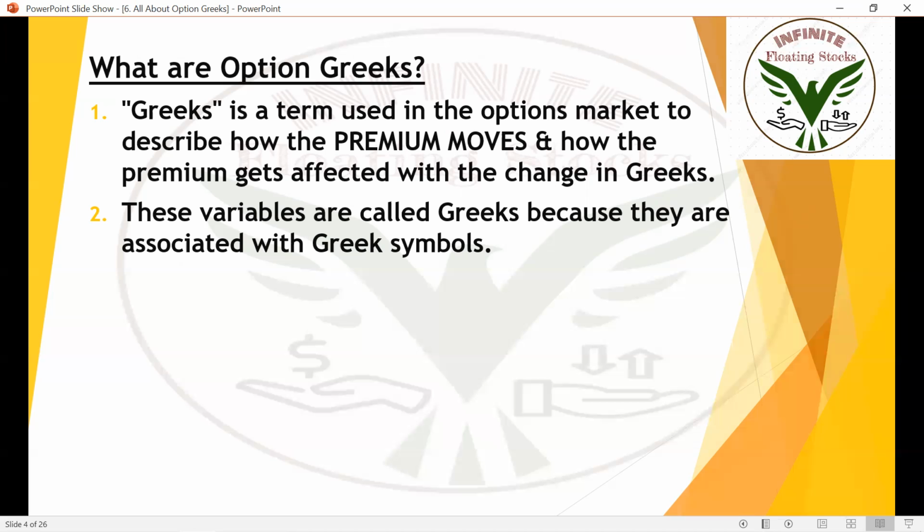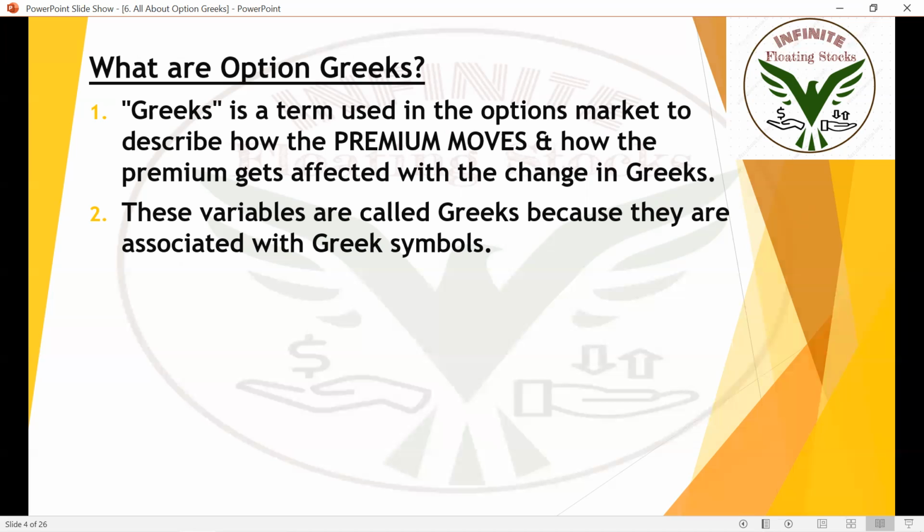Just remember one thing: there are different types of Greeks which affect the movement in premium. An option Greek is a term used in the option market to describe how the premium moves and how the premium gets affected with the change in Greeks.